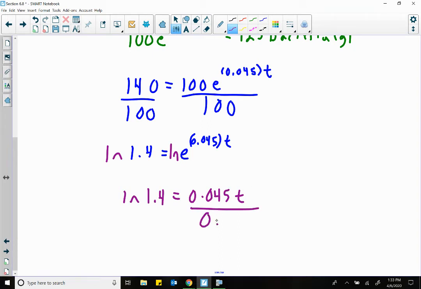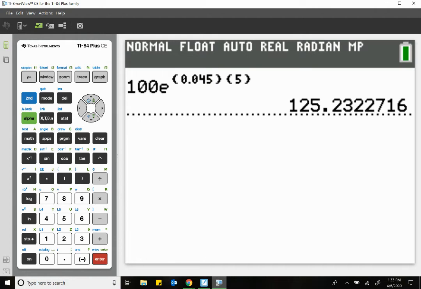Divide. 0.045. And now we'll know what t equals. We just got to go to our calculator and take ln of 1.4 divided by 0.045.